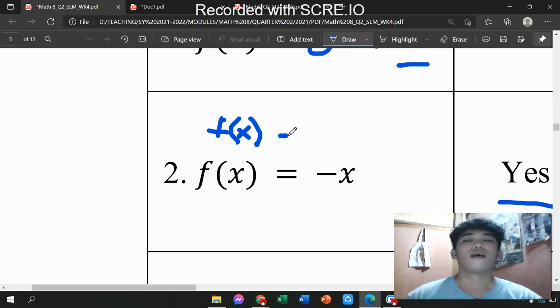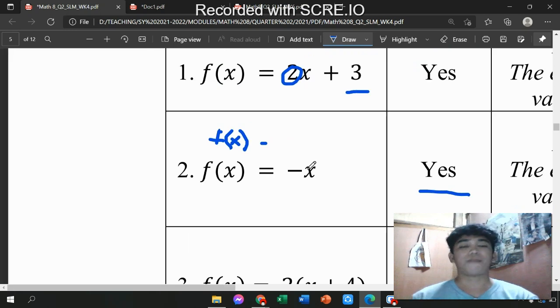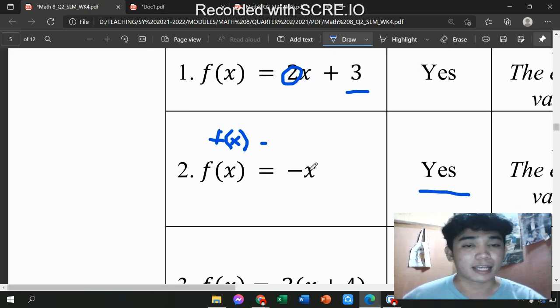This is still equals plus b because negative x. So naay negative 1 ani. Di ba kung naay 1 dili naman nato isulat. So this is negative 1x. So ang atong m negative 1. Mx plus b.